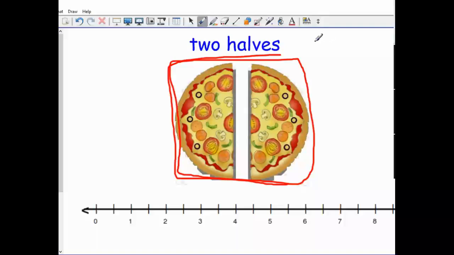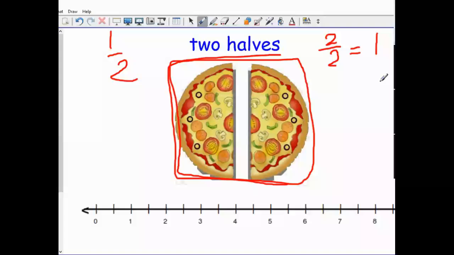If I have two halves, I write it like this: two halves. This is one half and this is two halves. Two halves makes one whole. If I count in steps of one half, I can say: one half, two halves, three halves, four halves, five halves, six halves, seven halves, eight halves, nine halves, and so on.